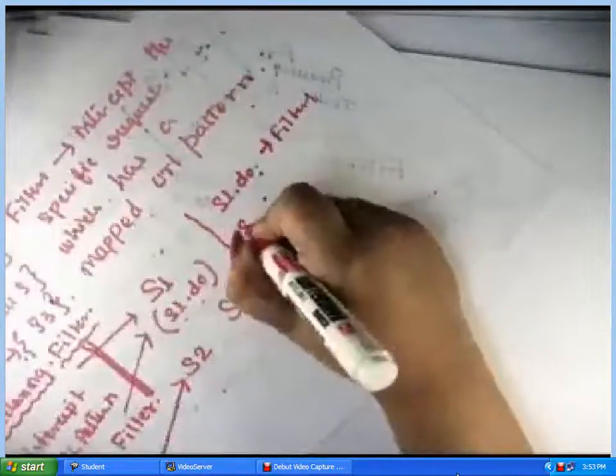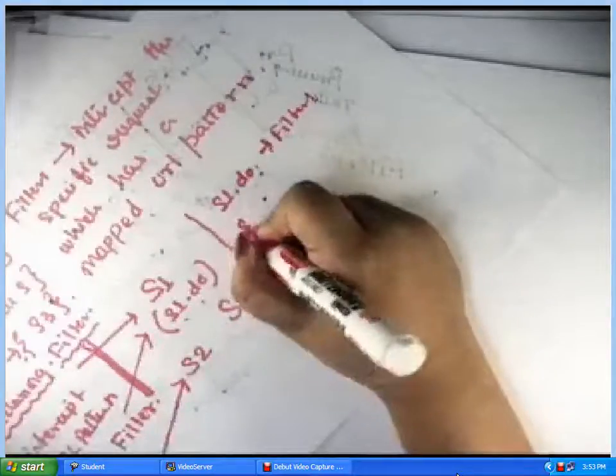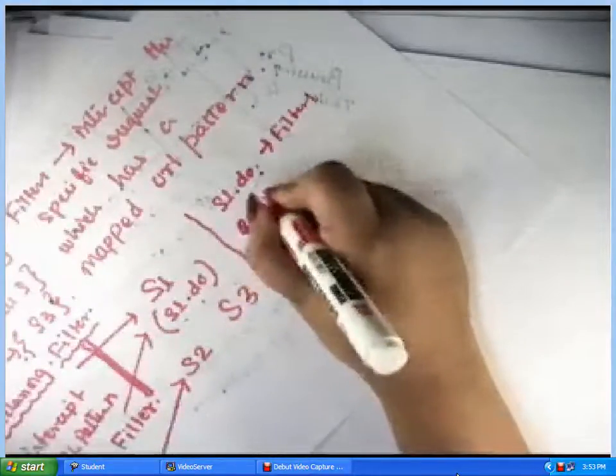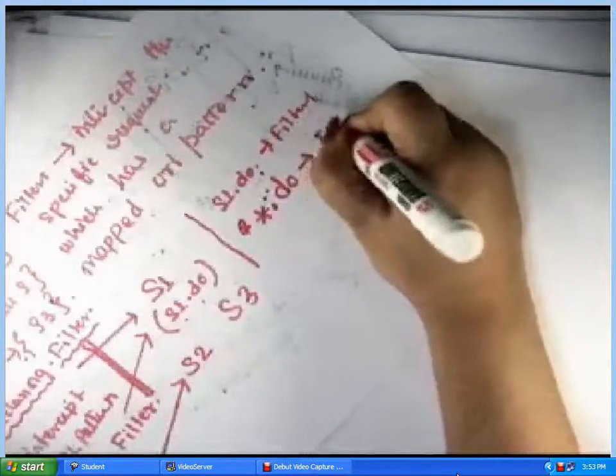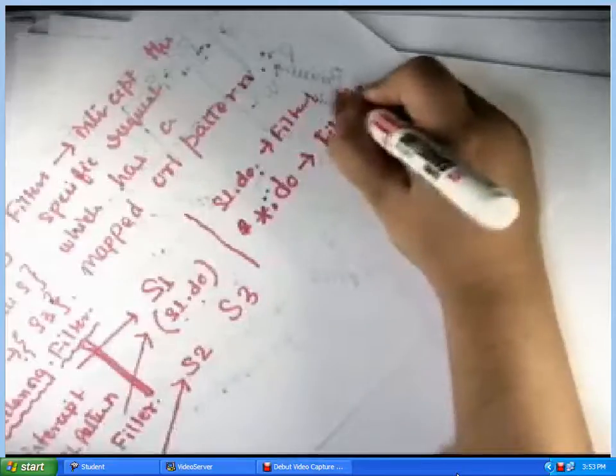Getting my point? And for the rest of the .do kind of requests, please make use of, let's say, filter imp. Getting my point?